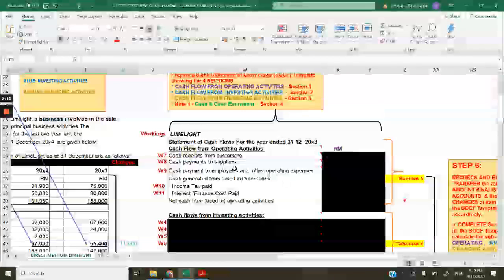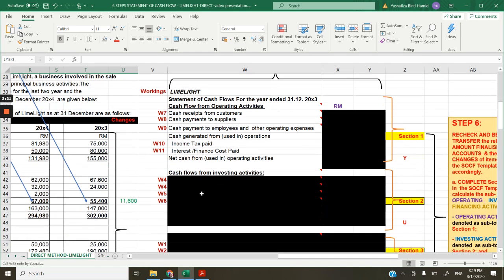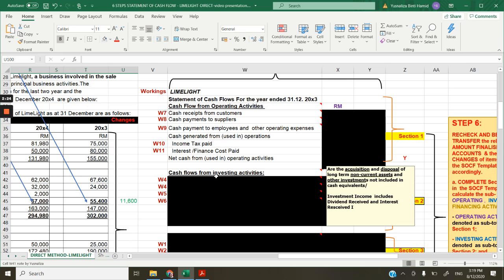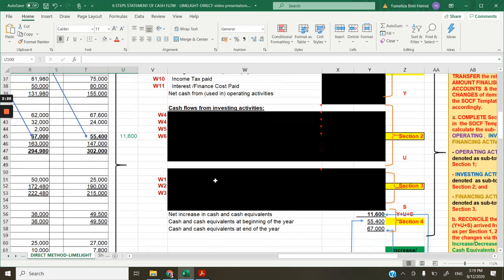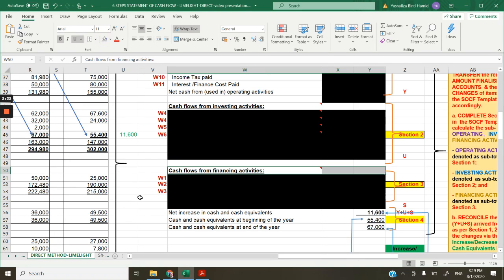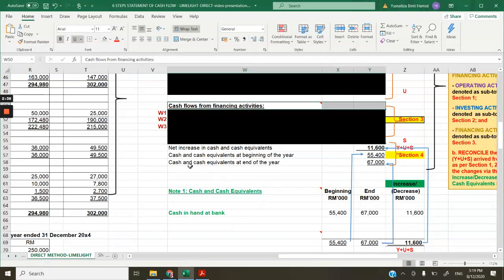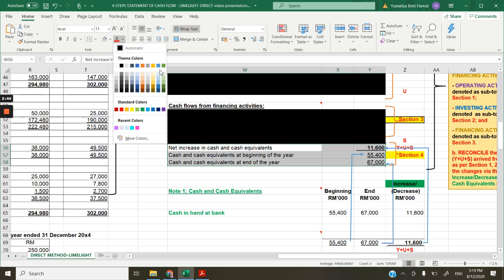Section 1 will be showing the cash flows from operating activities. Section 2 will be cash flows from investing activities. And section 3 will be showing the cash flow from financing activities. And the last section, which is section 4, will be having cash and cash equivalent, right? So let's start.